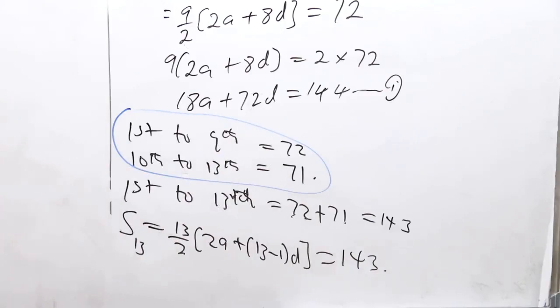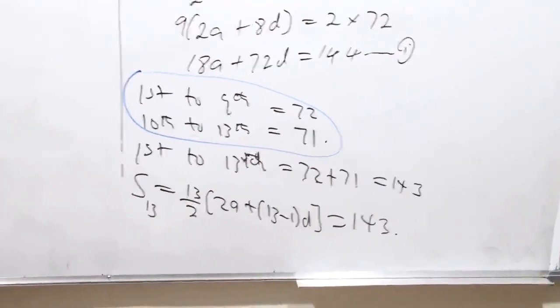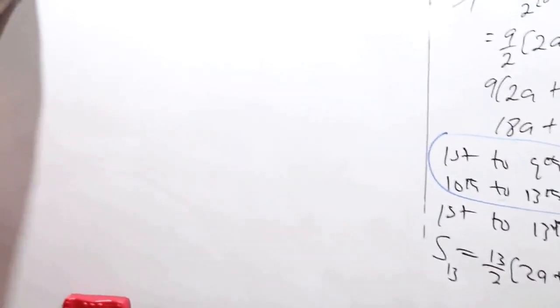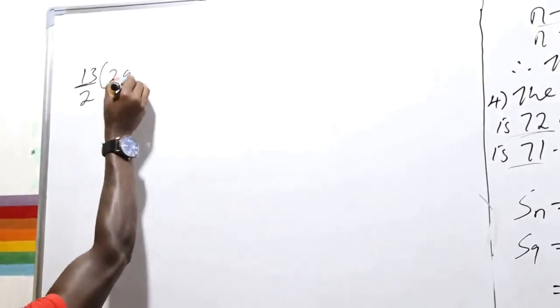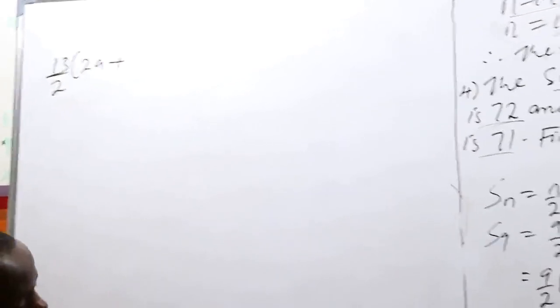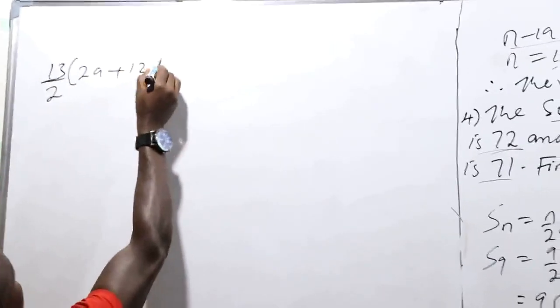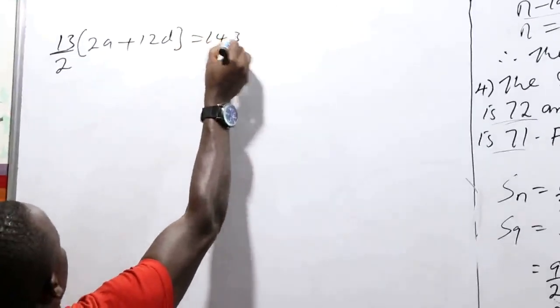Okay. So that means that 13 over 2 into 2a plus 13 minus 1 is 12d equals 143.